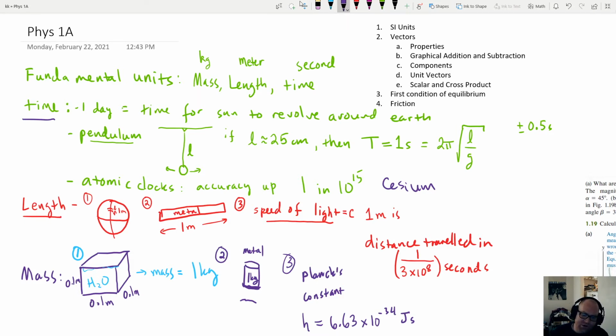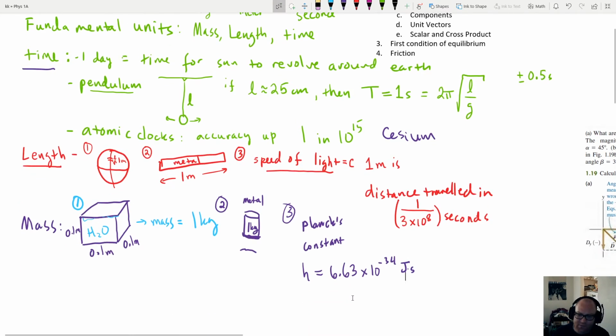Now this requires talking about other types of units, but if you look at this unit here, there's another way to write it because it involves joules, right? What's a joule? A joule is a unit of energy, and 1 joule happens to be equal to 1 kilogram meters squared divided by seconds squared.